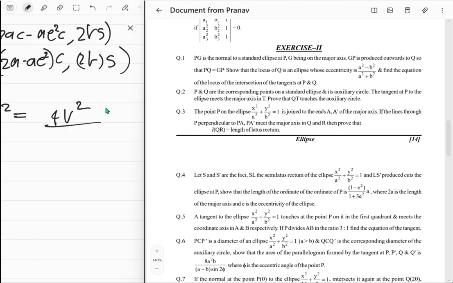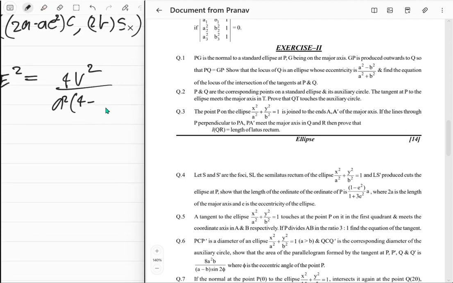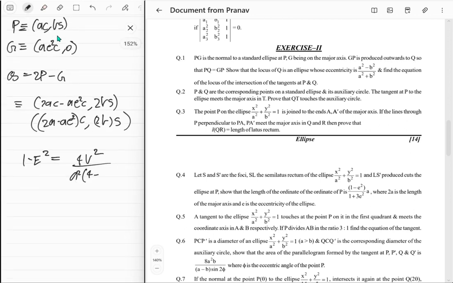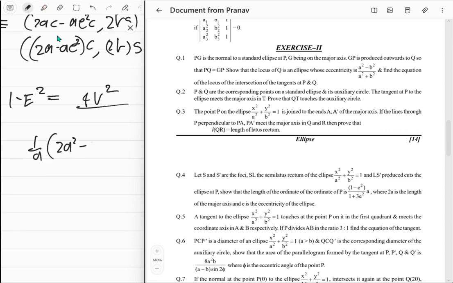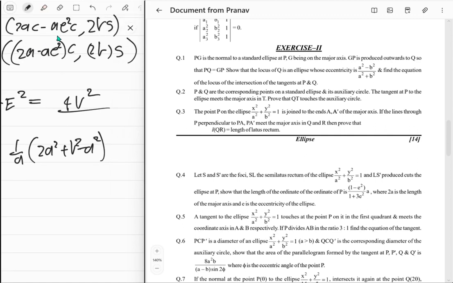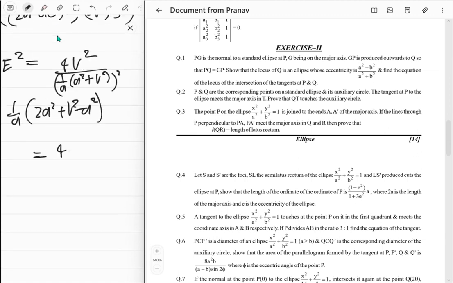It's supposed to be 4b squared upon this guy squared. Taking 1 upon a of 2a squared minus a squared e squared, which with a squared e squared equal to a squared minus b squared gives a squared plus b squared. So it's 4a squared b squared upon (a squared plus b squared) squared.